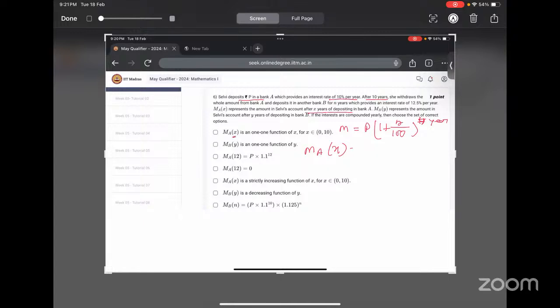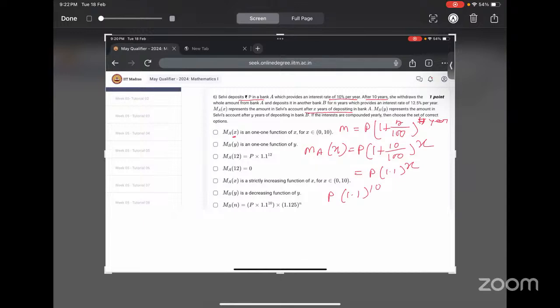So we have P times (1 plus 10 by 100) power X, right? And after 10 years, she withdraws the amount. So 10 is given. After 10 years, the amount will be P times 1.1 to the power 10, right?